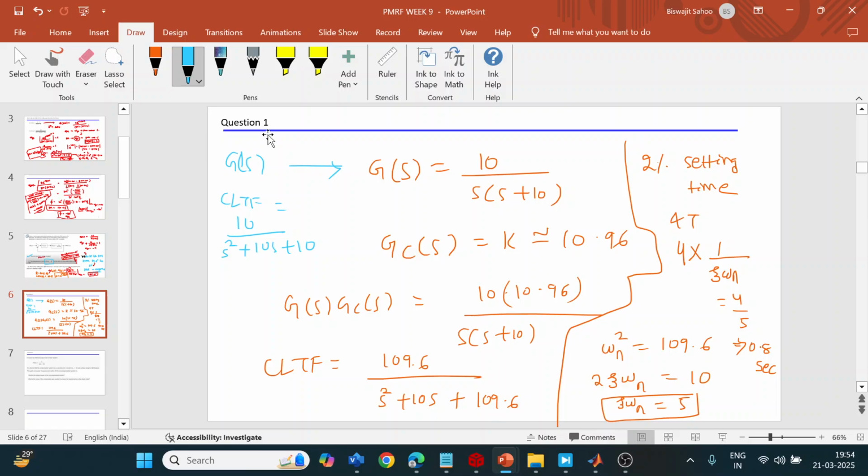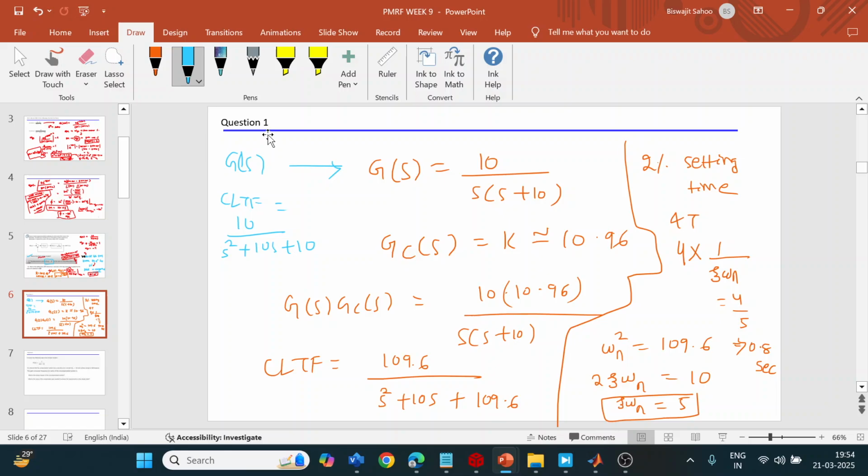No, not at all changing, because 2 zeta omega n is again 10. So again you got 0.8 second. It means by adding a compensator, only a constant magnitude, it will not affect your settling time. You need to add a pole or a zero in the compensator to affect your settling time.